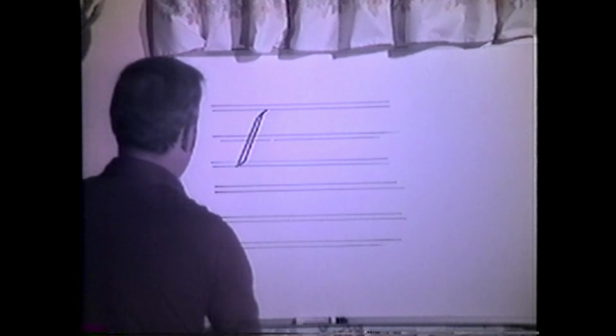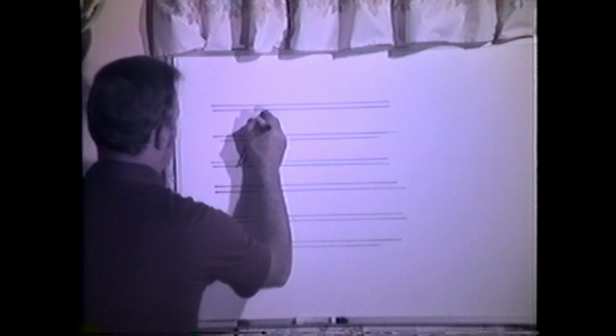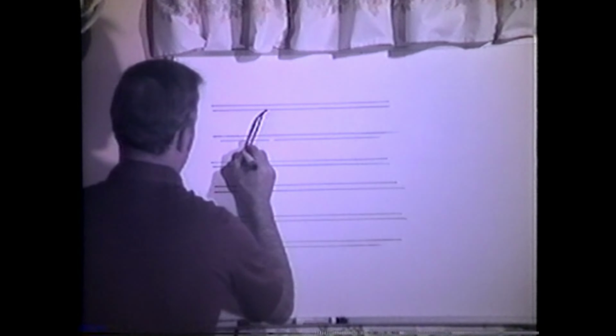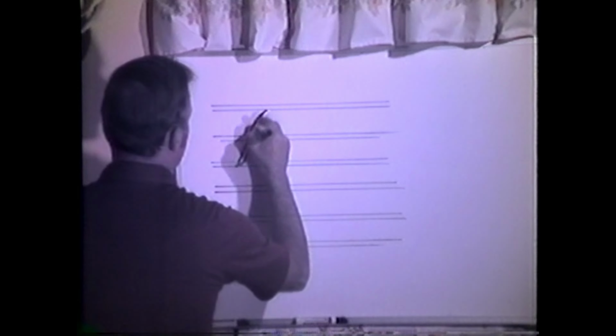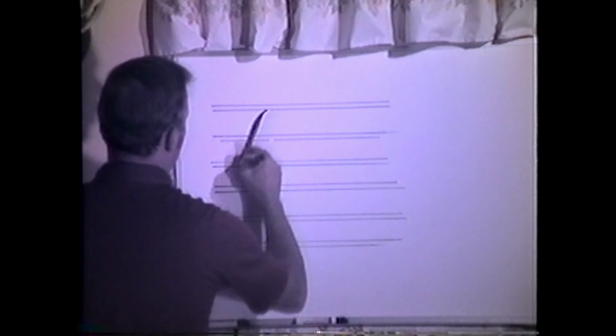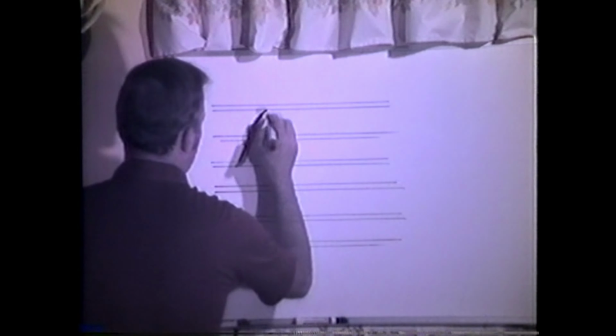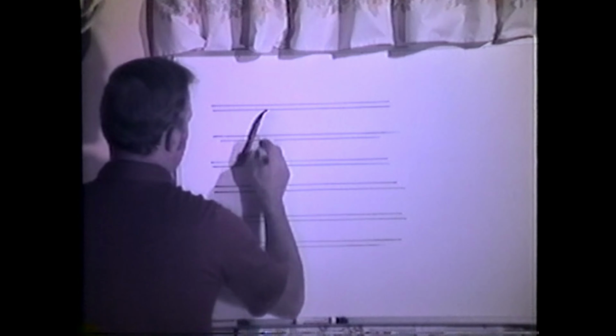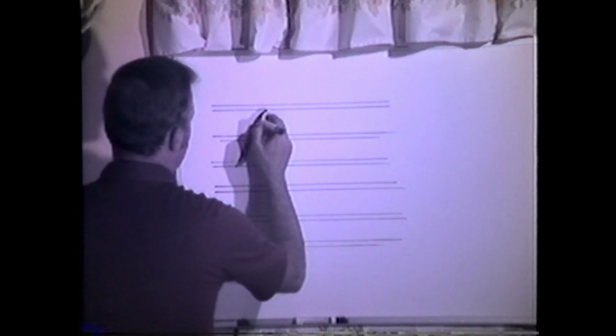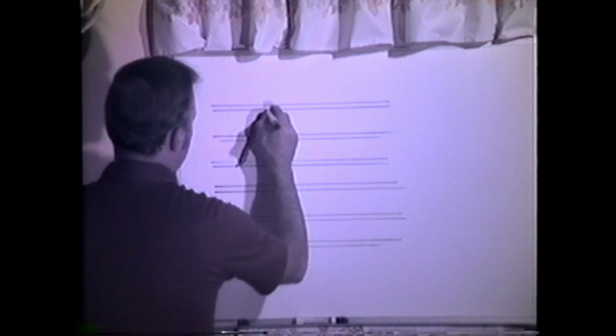There are two or three versions of Old English actually, the pen version and the engraver version. I'm doing the pen version. You can execute it either way successfully. You can use a script or a flat to do the pen version, or you can use liners and flats to do the engraver version.